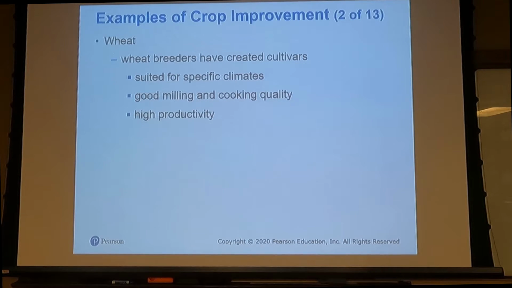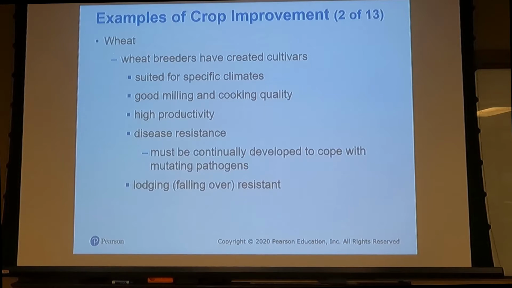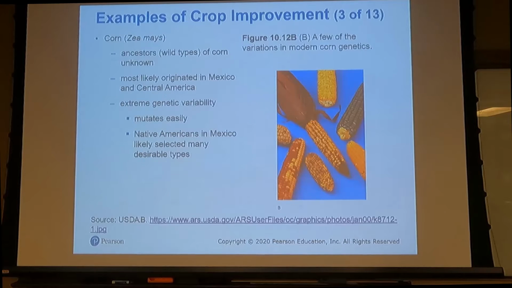But in Mississippi, we can probably get along with a larger maturity cultivar. We're looking for disease resistance or lodging resistance. Because wheat is self-pollinating, we don't have very many F1 hybrids.